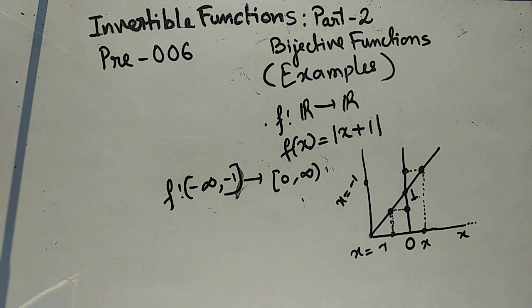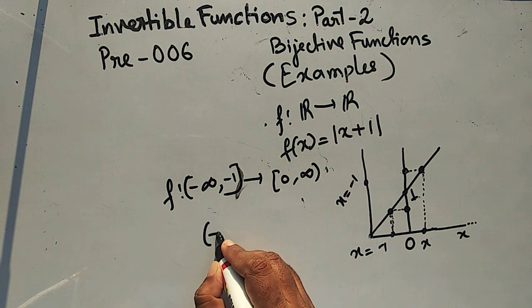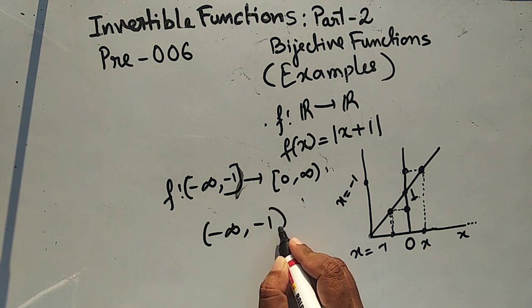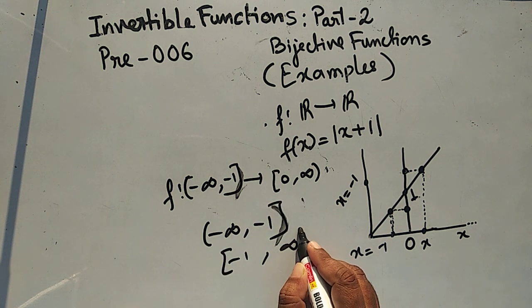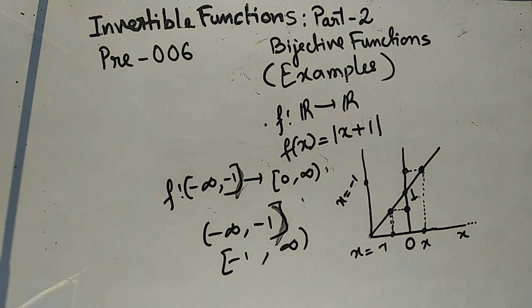So see, we have defined two sets on which the map is 1-1, and when it is defined to its range the function becomes bijective. Okay.